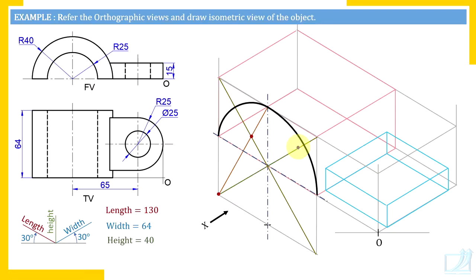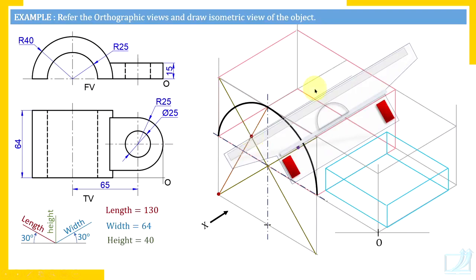Similarly, set roller with 30 degrees line, and from this point draw a line at an angle 30 degrees. Similarly, roll roller further and draw this line also. Why? Try to understand. We want to shift this center 64 millimeters along width.